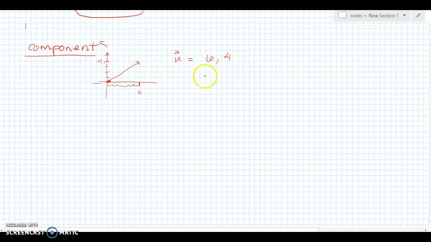But I need a way to specify that this is a vector, and so the way we do that is by this: triangle brackets, or pointy brackets or something like that. I just call them triangle brackets because I guess they sort of make a triangle.